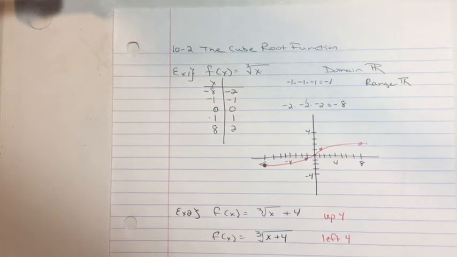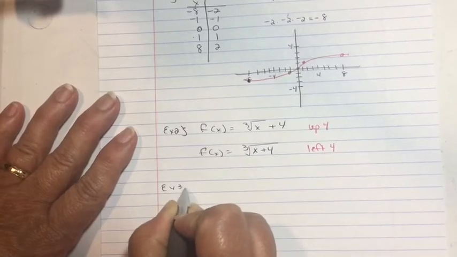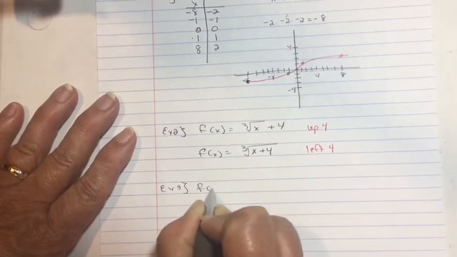Let's see. What else do we need to cover in here? I guess we should look at the rate of change. Example 3. We're going to have a function.